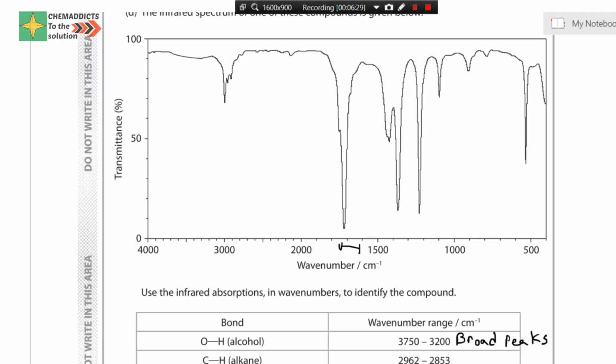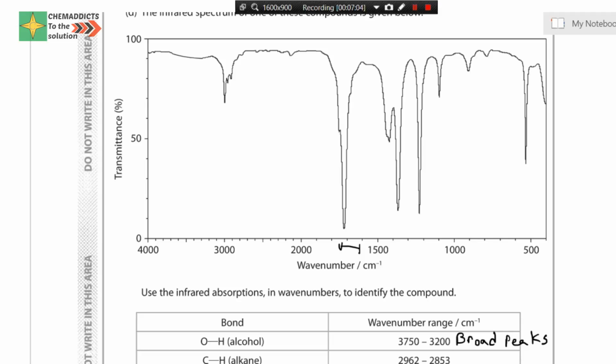This symbolizes that this compound would be either aldehyde or ketone.